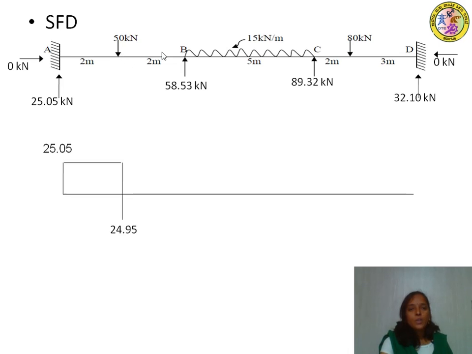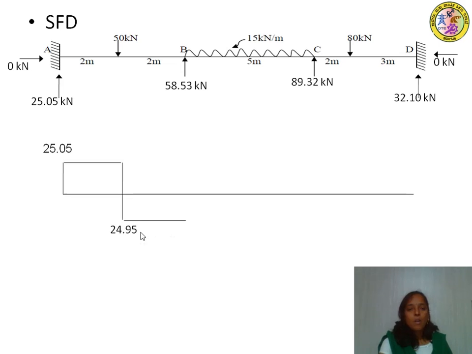From right of E to the left of B we don't have any loading, therefore the shear force variation will be constant. Next, at right of B we have an upward force of 58.53 kilonewton.